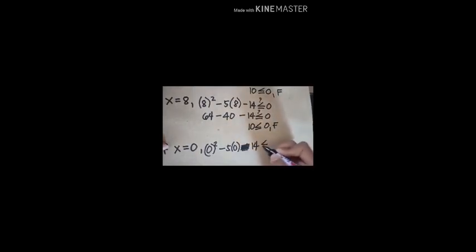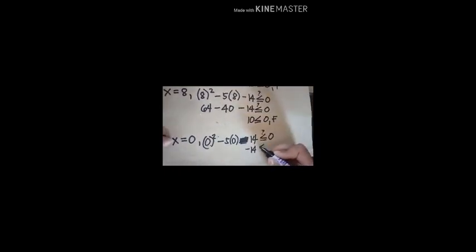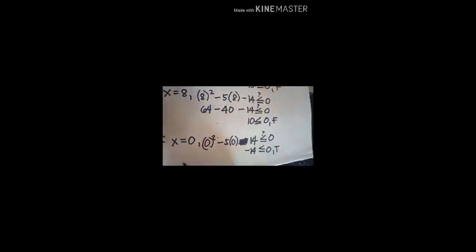Is it less than or equal to 0? So, 0 squared is 0. Negative 5 times 0 is 0. 0 minus 14 is negative 14. Is negative 14 less than or equal to 0? Yes, it is true. So, therefore, ibig sabihin, yung region na nire-represent ni 0 is a part of the solution set.